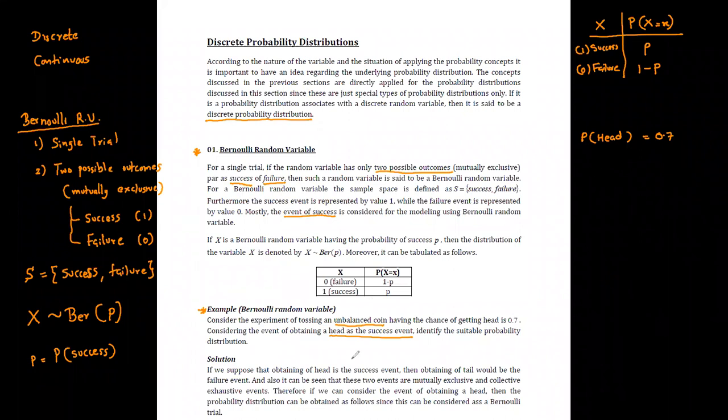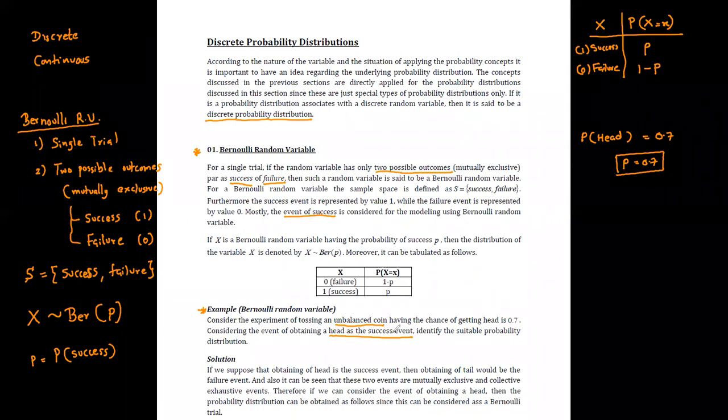But in this example, the event of obtaining a head is the success event. Therefore, we can say this value is equal to p, and the value of p is equal to 0.7.